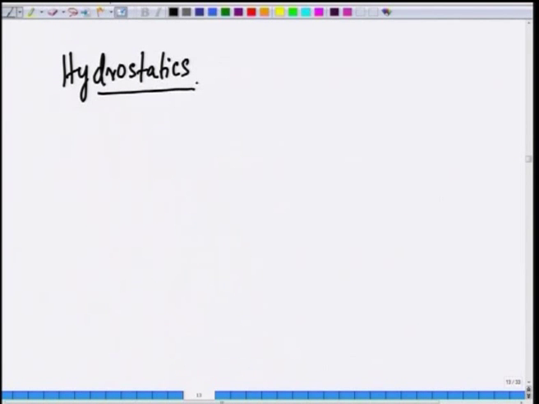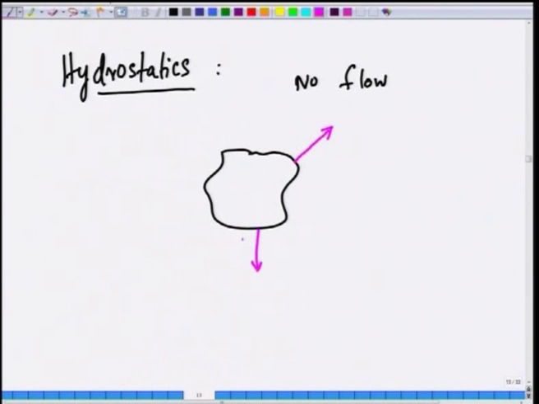Hydrostatics concerns the behavior of fluid only under static conditions, that is, no flow. When there is no flow, if you take any fluid volume element, at each and every point in the fluid there cannot be any shear stresses. Suppose you consider the unit normal at each and every point on this arbitrary volume element; the force has to be completely in the direction of the normal.